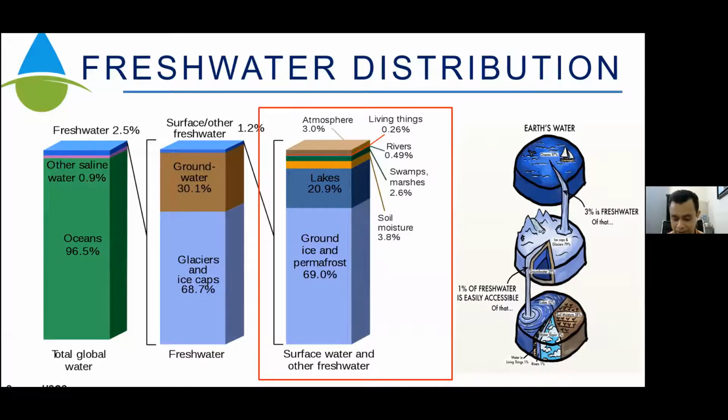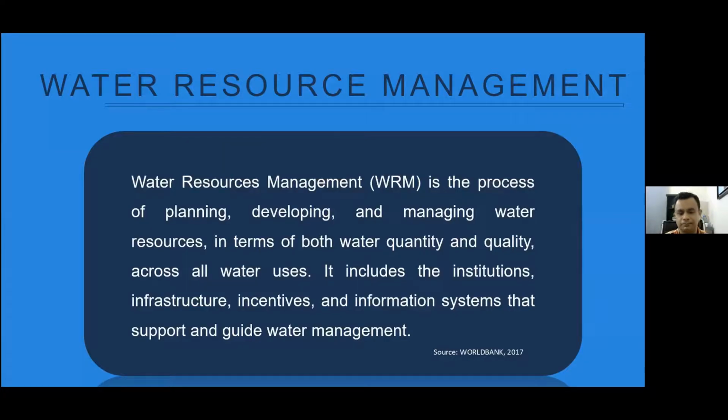And now we can think about what water resource management is. Water resource management is simply a process of planning, developing, and managing water resources. Planning means how we can use these water bodies for future purposes, how we can distribute them, and how we can fulfill the demands or needs of the people.